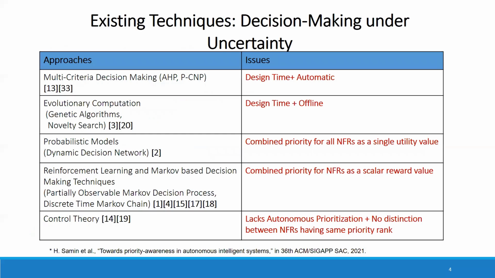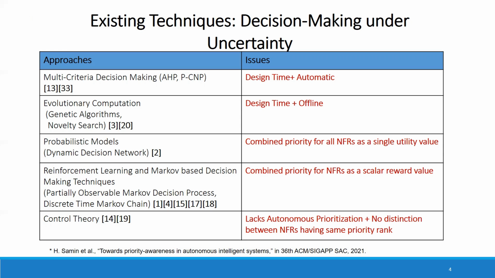A number of techniques exist that offer decision-making under uncertainty, but there are certain problems with them. Mostly they are design time techniques, or if they are runtime modeling techniques based on probabilistic models such as dynamic decision networks or reinforcement learning techniques such as partially observable Markov decision processes or Markov decision processes, they represent the priorities of all the non-functional requirements as a single combined value, and do not represent the individual priorities of non-functional requirements.